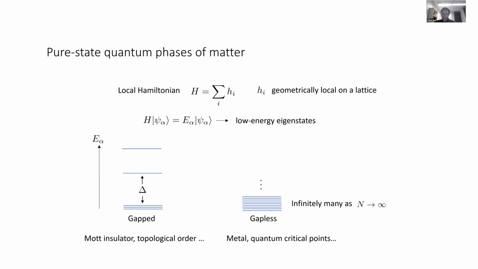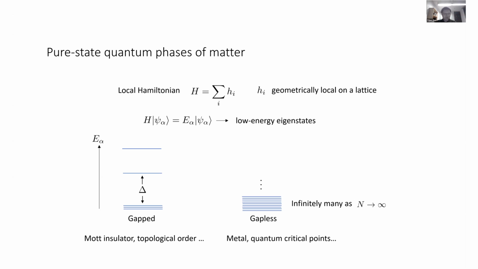And then there's another class called gapless systems, which has infinitely many low energy eigenstates as you make the system size larger and larger. All the low energies actually collapse into the same energy as you make the system size larger and larger. In that case, you would have an infinite number of low energy degrees of freedom, and that typically makes your system more complicated.